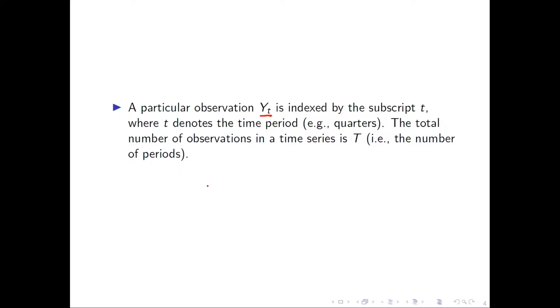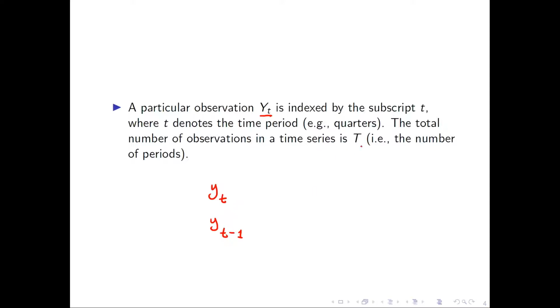This is quite practical because you can write yt to denote the value of y at time t, and then you can have the lagged value yt minus 1, which means the value of y in the period just prior to t, right?